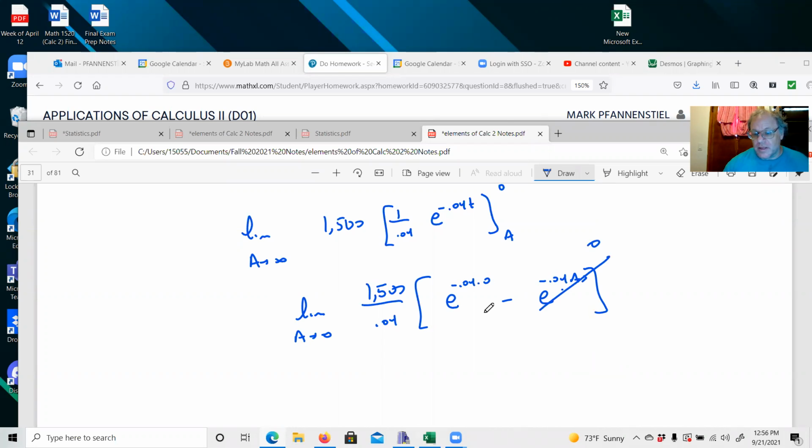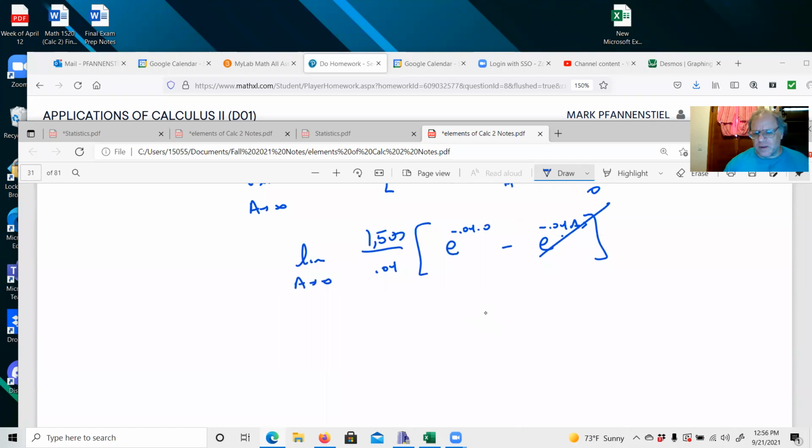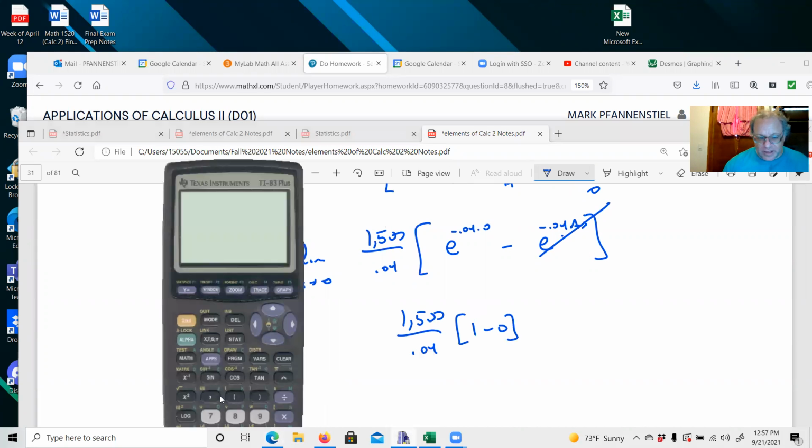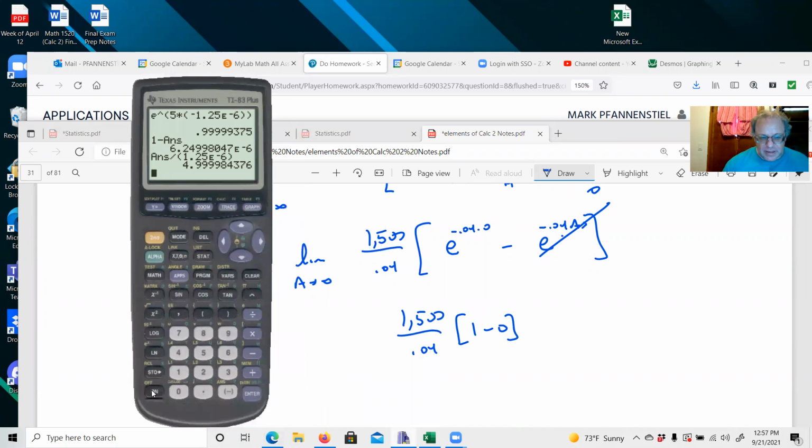So what is e to the 0? Because negative 0.04 times 0 is 0. So we have 1500 divided by 0.04 times 1 minus 0. Let's be careful. 1500 divided by 0.04.